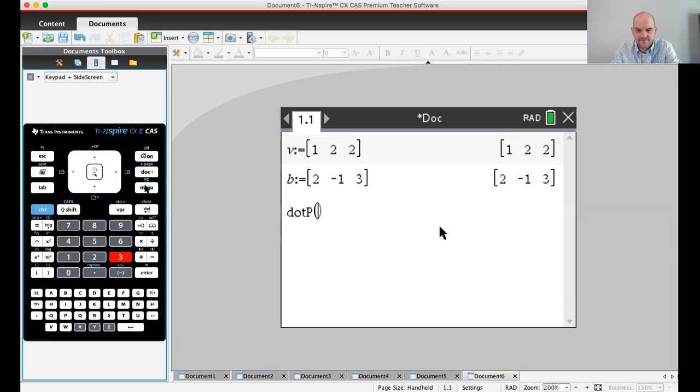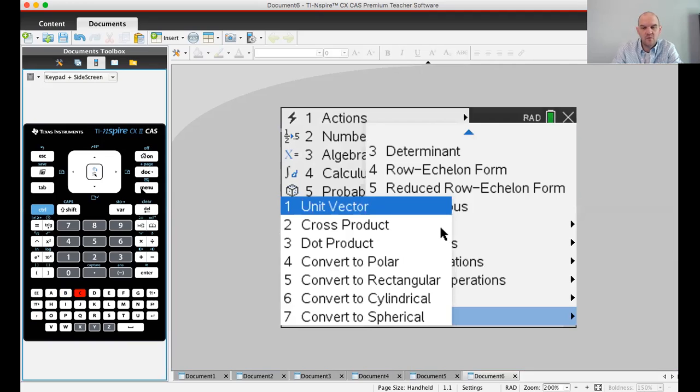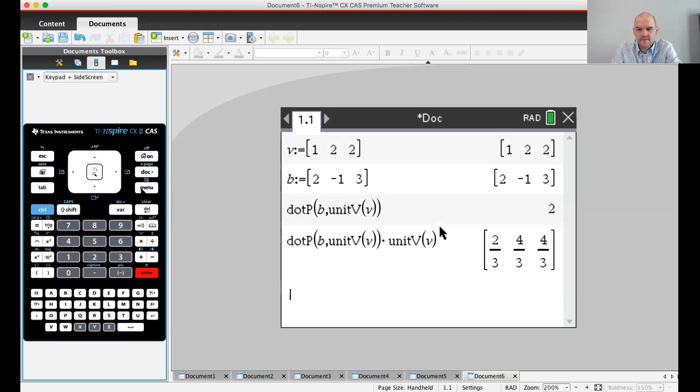Dot product of B and then V has to be a unit vector. So I'm going to do menu 7, C, 1 of V, and we get 2. And then to find the projection, it's going to be that answer times the unit vector of V. And we get 2/3, 4/3, 4/3.